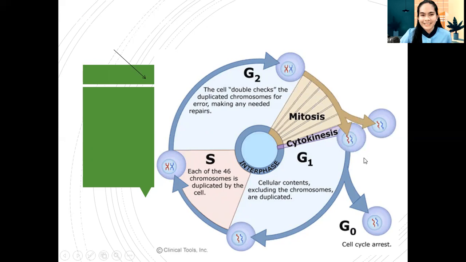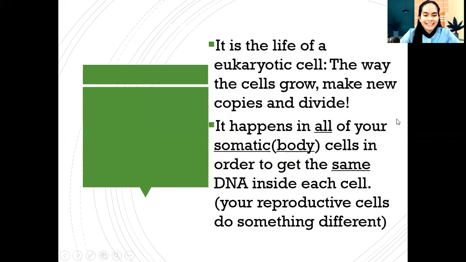Okay, very good. So we have here, it is always the life of a eukaryotic cell. The cells grow, make new copies, and divide. It is very important that our cells grow, make new copies, and divide because it's one of the representations that we are alive. And what are the other representations? We reproduce, okay?